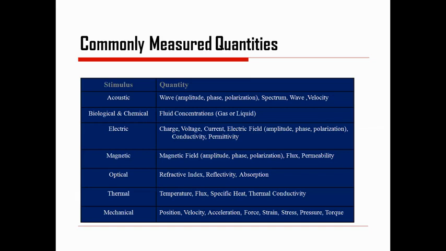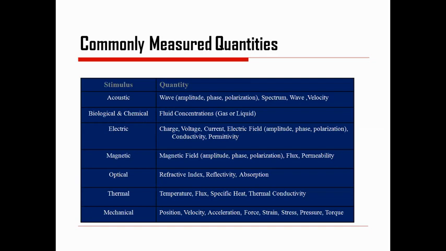In case of biological and chemical stimulus, fluid concentration, for example, gas or liquid. Electric charge, voltage, current, electric field. In that one, amplitude is there, phase is there, polarization, conductivity, permittivity are there. So these are the quantities which are correlated with the electric one.